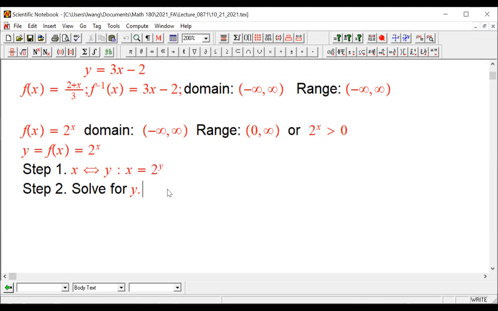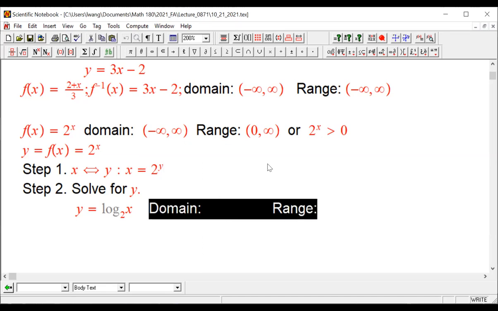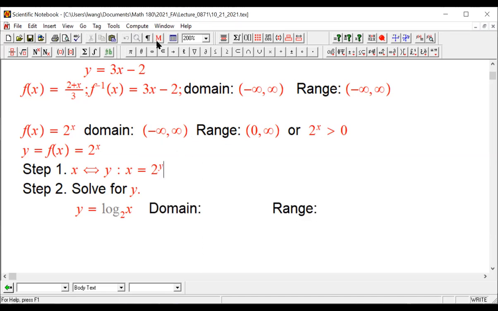And what do you get? By definition, y is equal to log base 2 of x. And domain and range are swapped. So this swap happens at the time of swapping.